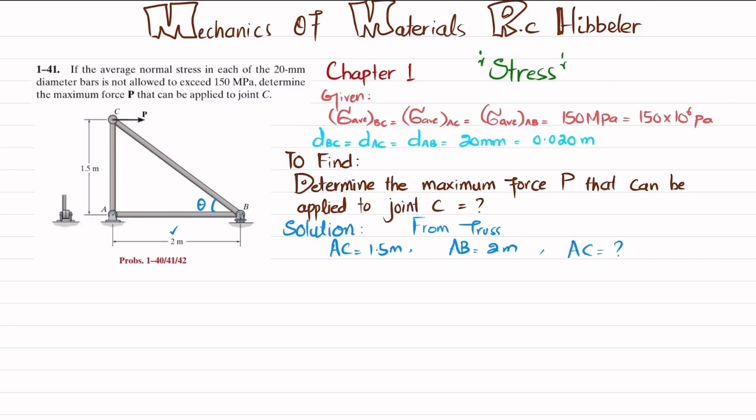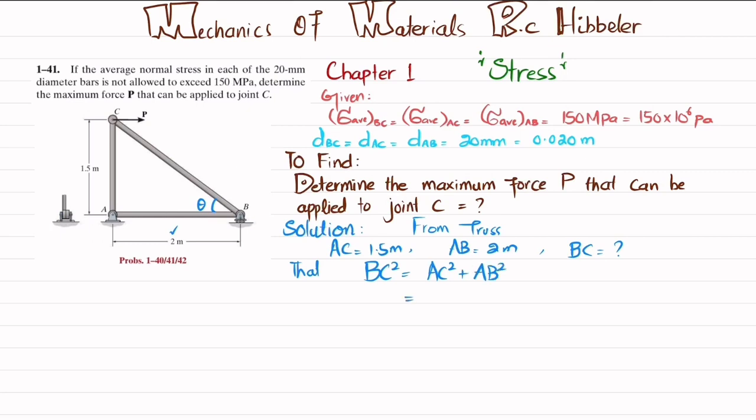So by using the Pythagoras theorem, we know that BC square is equal to AC square plus AB square.